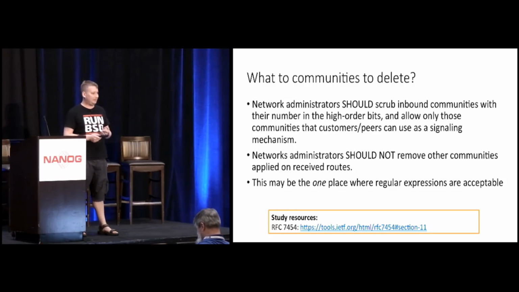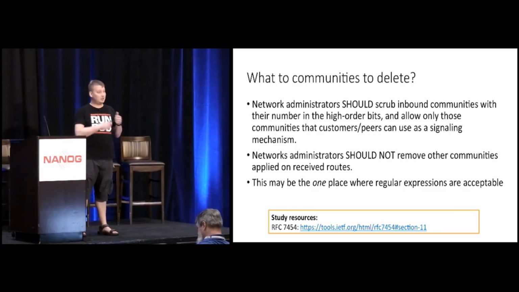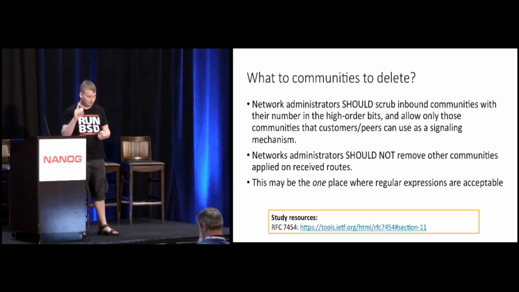Just delete what would affect your own network operations. We don't allow our settlement-free peering partners to announce black hole routes to us, so we delete the black hole route from such announcements. And this may be the only place where regular expressions are acceptable. Only exception.